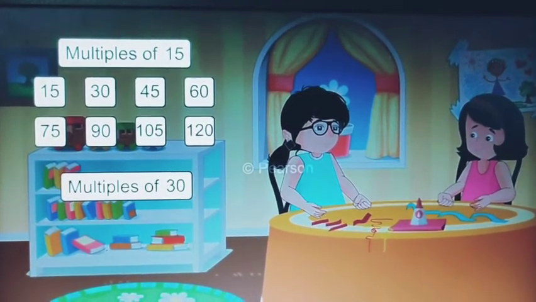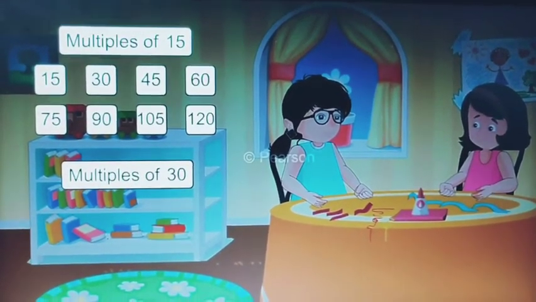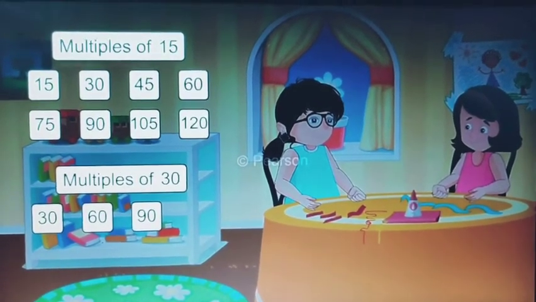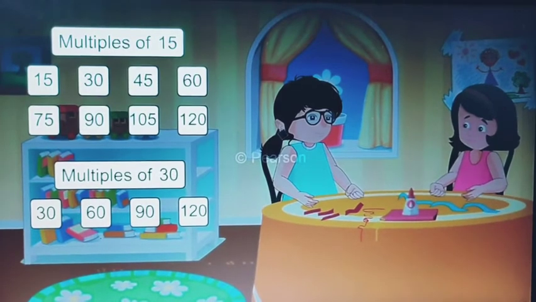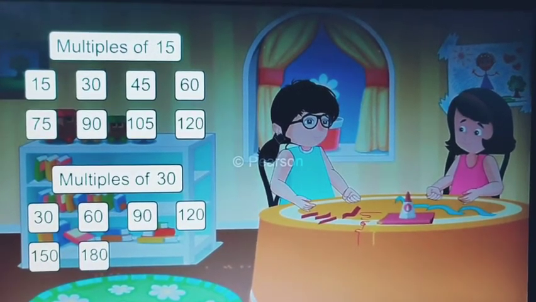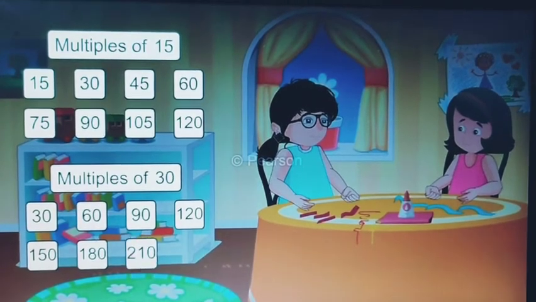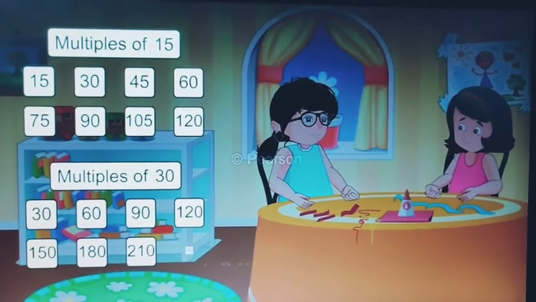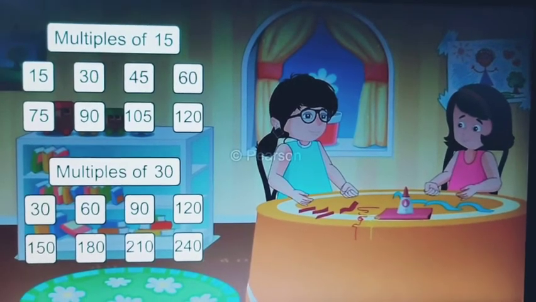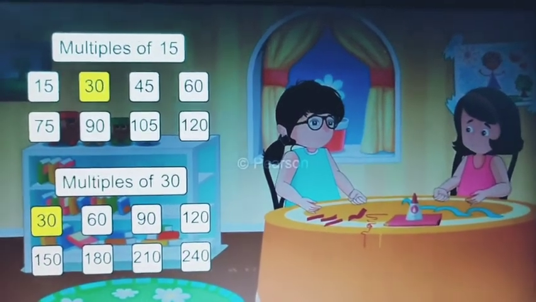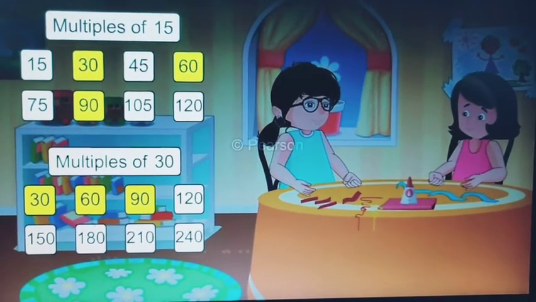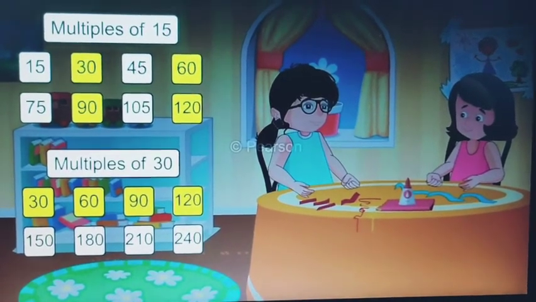The multiples of 30 are 30, 60, 90, 120, 150, 180, 210, 240. The common multiples are 30, 60, 90 and 120.